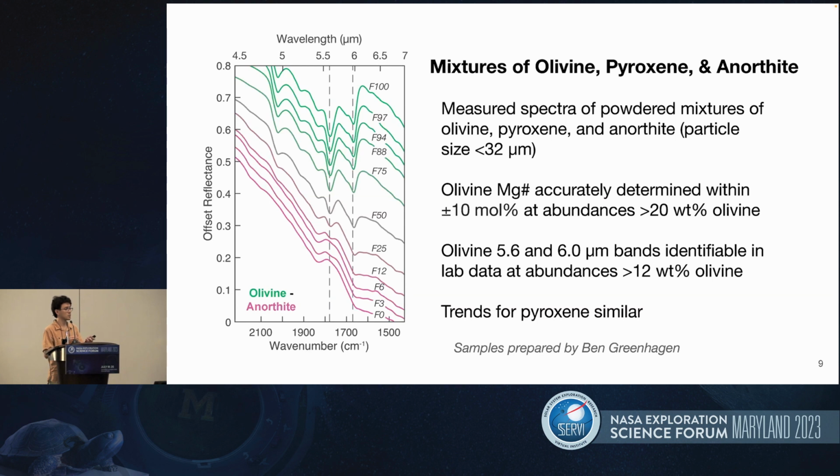And this trend is broadly true for olivine-pyroxene-plagioclase mixtures, both in reflectance and emissivity data. And what this implies is that our results will be robust for not only pure minerals or, let's say, dunites and pyroxenites, but also for materials such as troctolites.